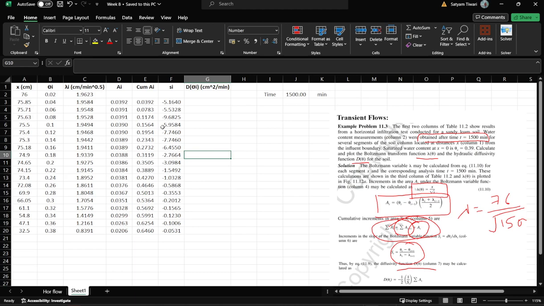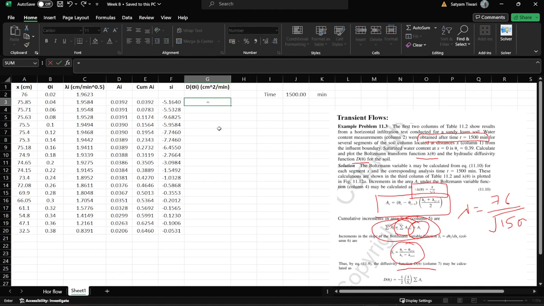So till this point, I think it should be clear. And now we can go further and calculate the value of diffusivity. To calculate the value of diffusivity, we will use this formula that states D theta is equal to minus 0.5, 1 upon the slope, and the summation of the area below the curve. As these are discrete values, we have used the summation. Okay. So we'll write the formula here.